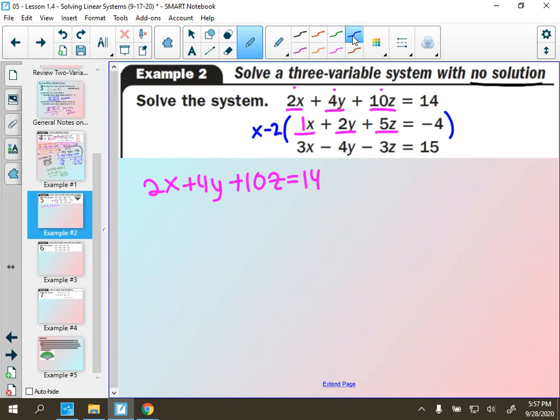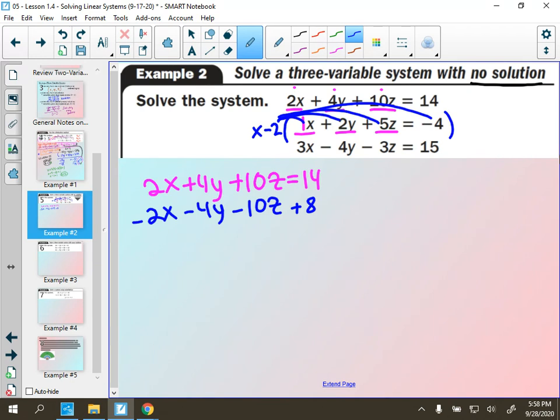Whether I saw that initially or not, I'm cheating because I know there's no solution, but I see that and say, hey, wait a minute. If I multiply this out here, I'm going to get -2x. I'm going to get -4y. I'm going to get -10z. And I'm going to get +8.